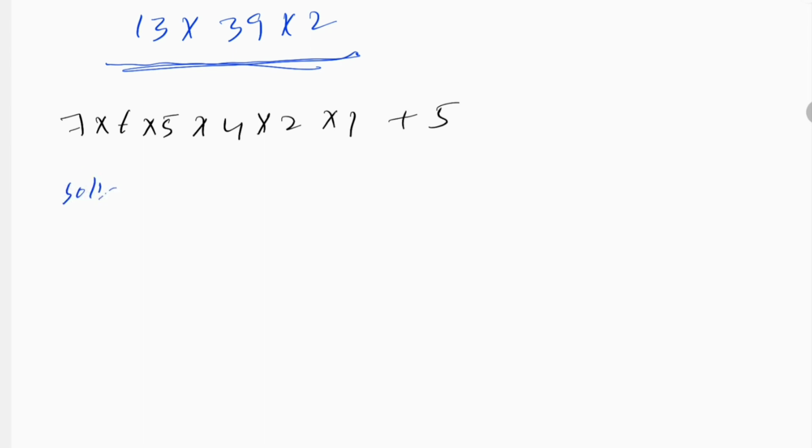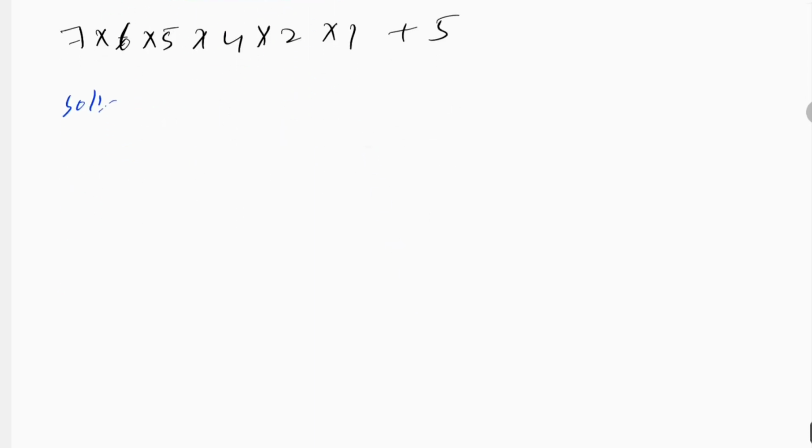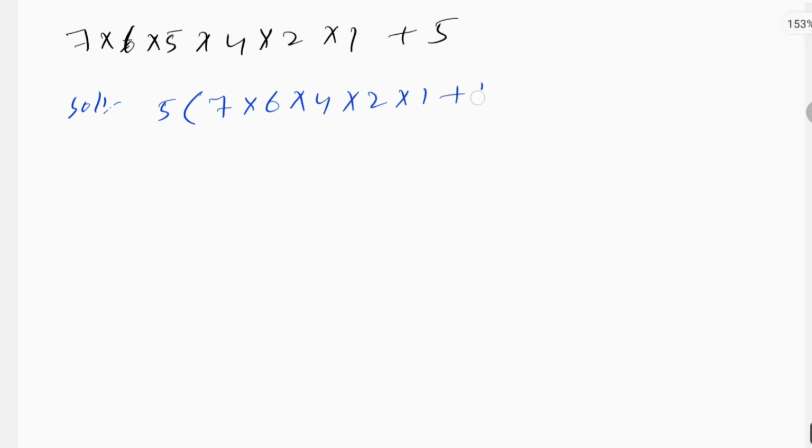Solution. What is the common number? Common number is 5. So take the 5 common. Remaining terms: 7 into 6 into 4 into 3 into 2 into 1 plus 1.